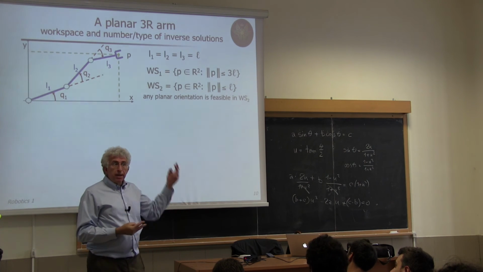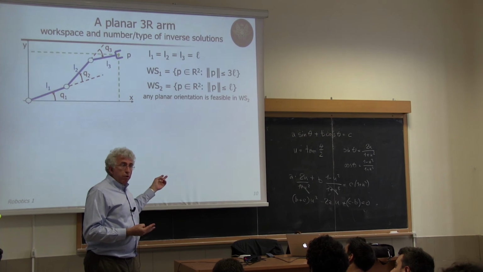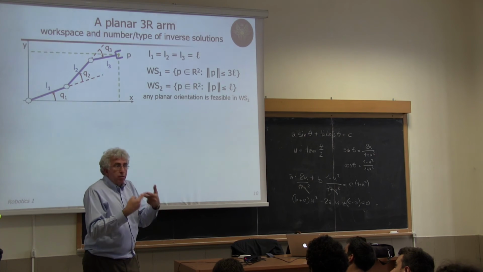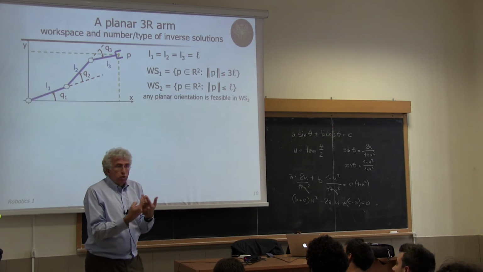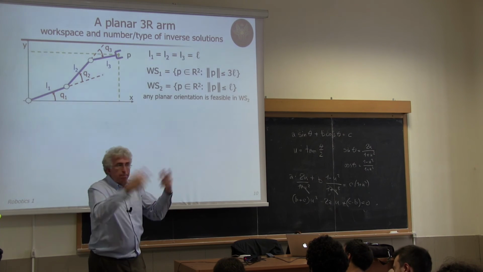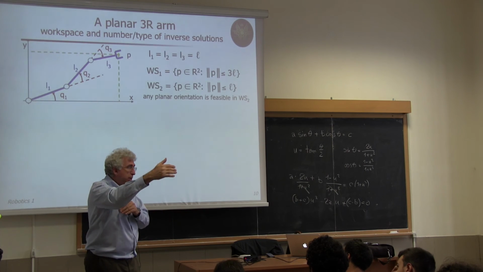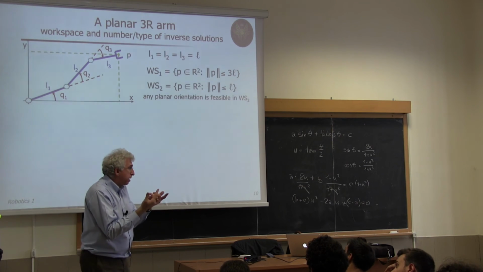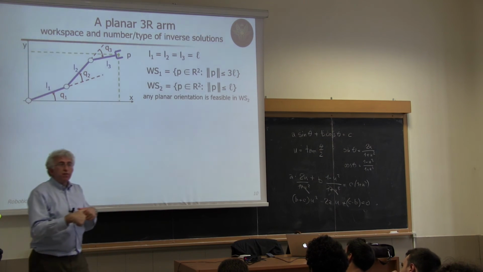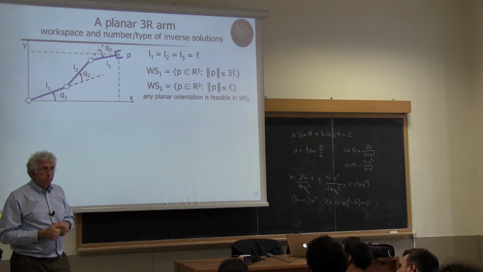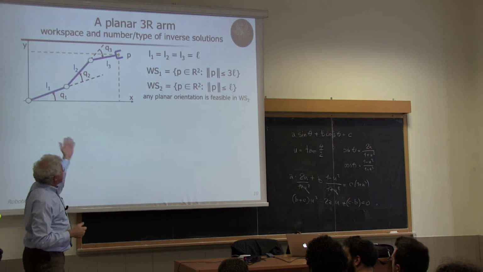And in fact, if we have a 2R robot, we find that in general we have a finite number of solutions, which is 2, except in singular cases: 0 if I'm out of the workspace, 1 if I'm on the boundary, infinite if the link lengths are equal and I'm specifying the desired position at the origin. What about this case?